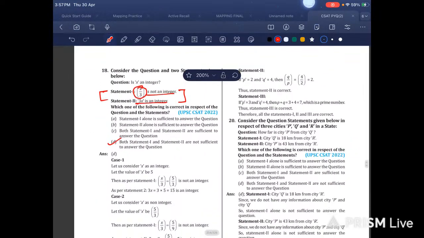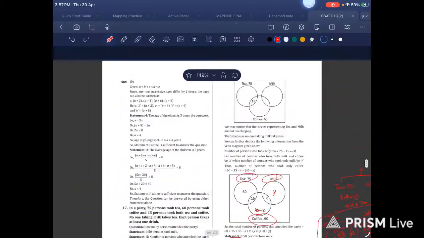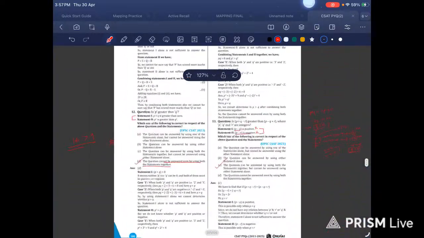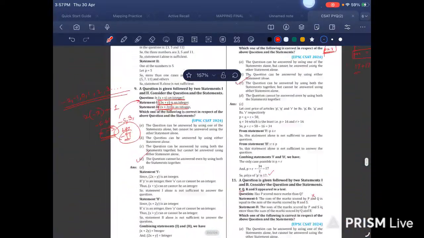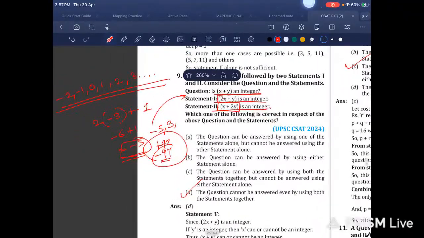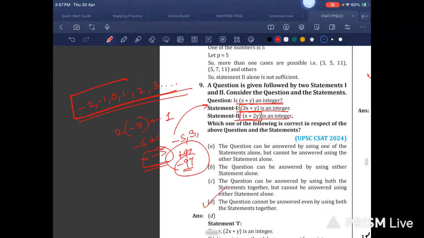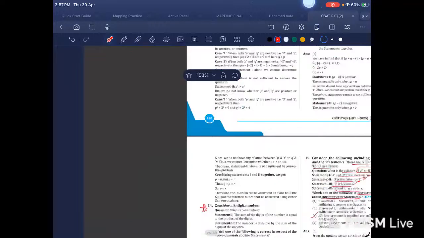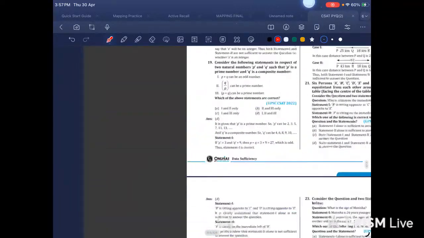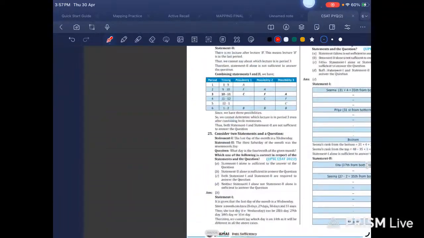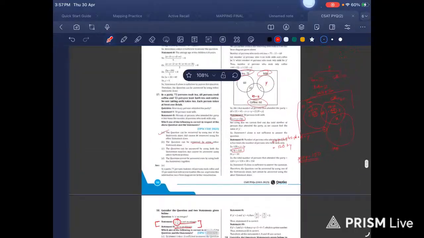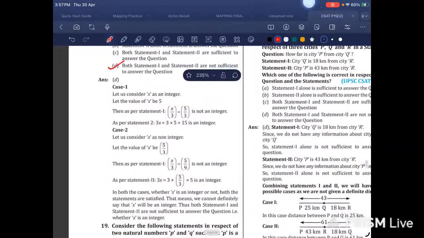So option D is correct. We had tried to solve here also, but we could not get a definite answer. See, we took whole integers -2, -3, and then we did not arrive at a single conclusion. So that's why we get option D as the correct answer.